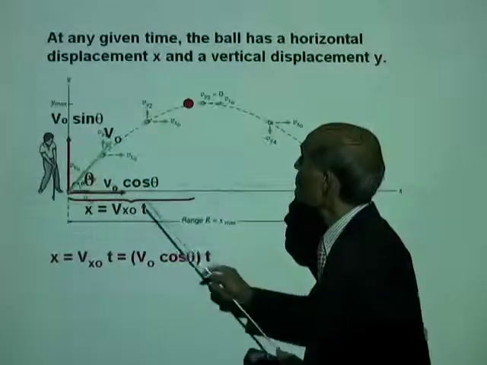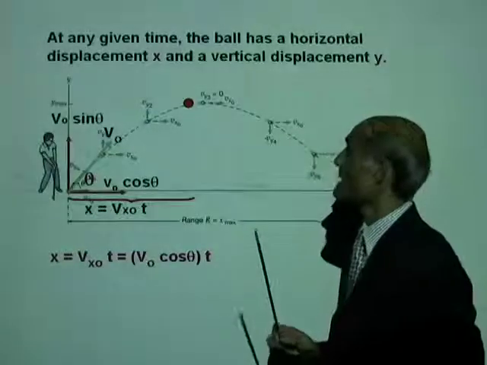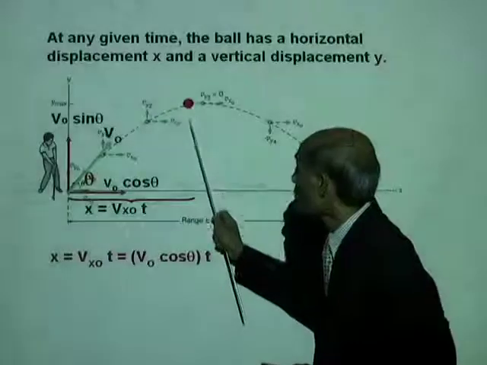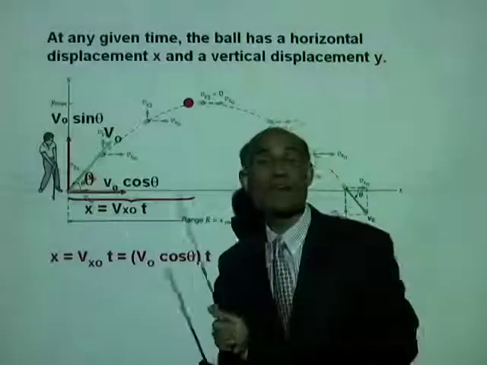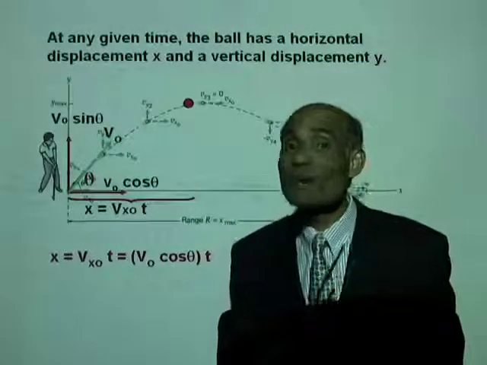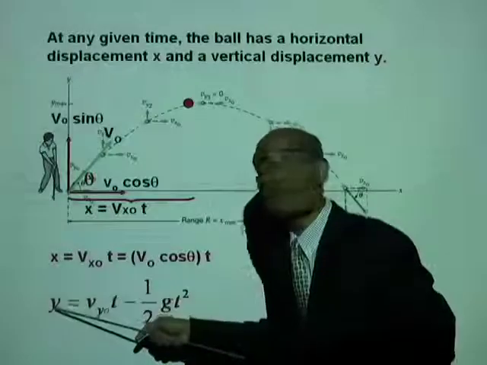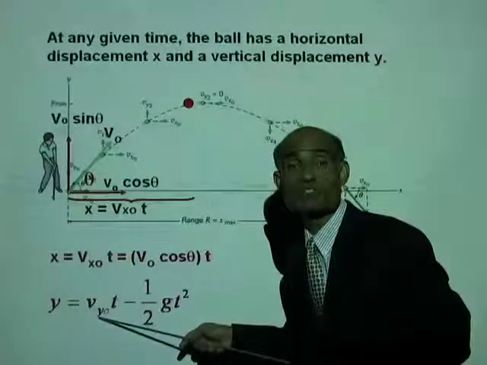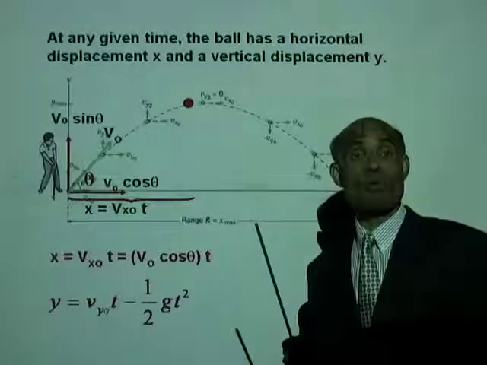Now this x position is vx0 multiplied by time. And this is the y position. Now how will we obtain the y position? What is the equation for the y position? Y equal to vy0 t minus 1/2 g t squared.